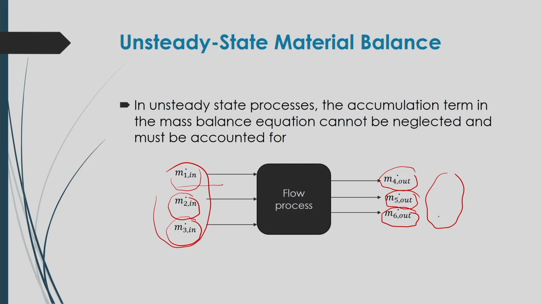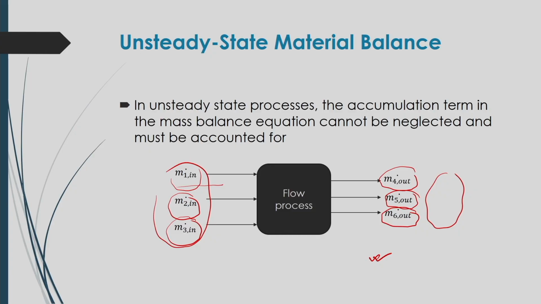Whereas if output is less than input, there will be an accumulation, that means the mass in the system will be increasing with respect to time. This is considered an unsteady state process where accumulation terms must be considered.